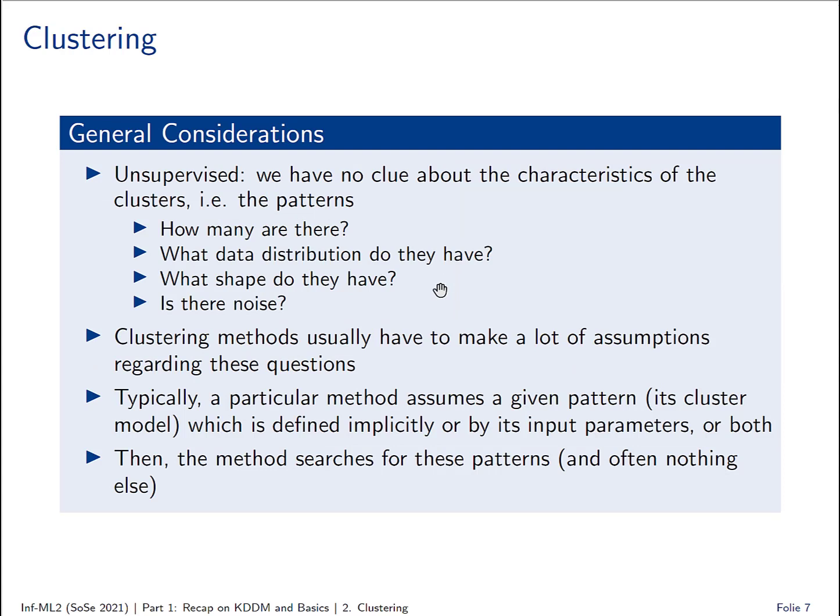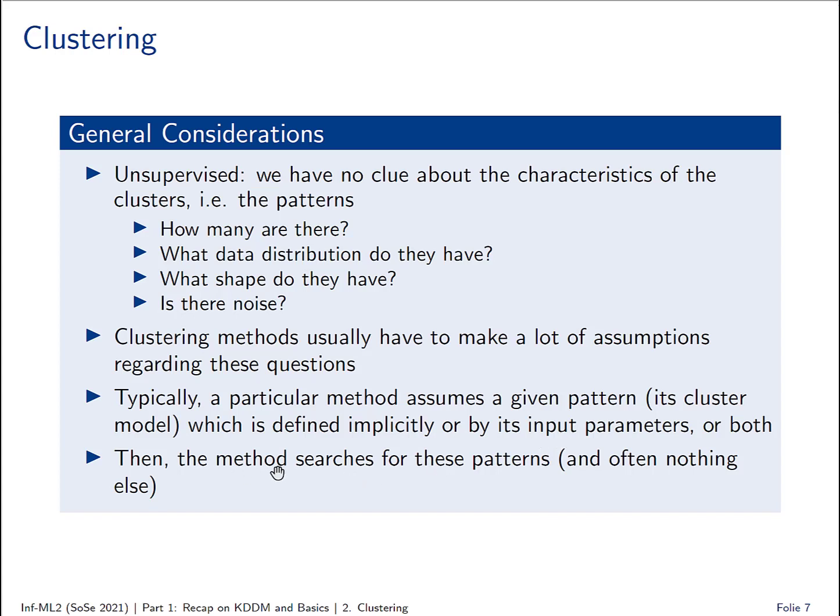But anyway, that's what I said. Clustering methods usually make a lot of assumptions regarding those questions, especially about the data distribution and the shape of the clusters, and sometimes also on how many clusters there are. And what I just said already, typically a particular method assumes a given pattern, the so-called cluster model, which is defined implicitly or by some input parameters or both.